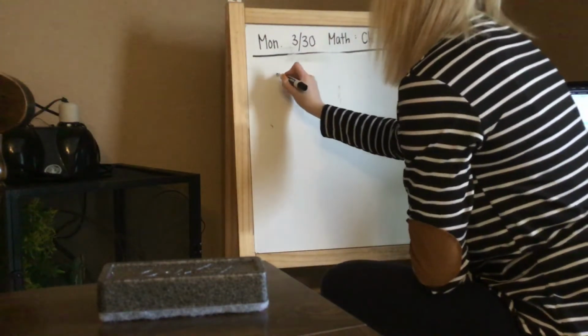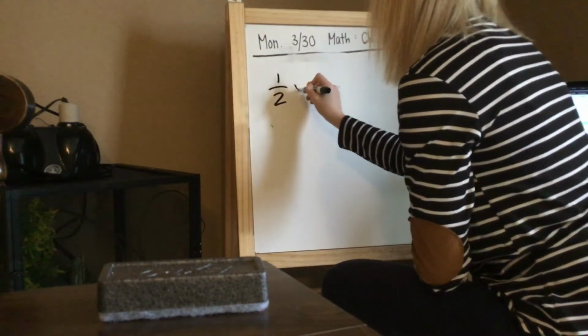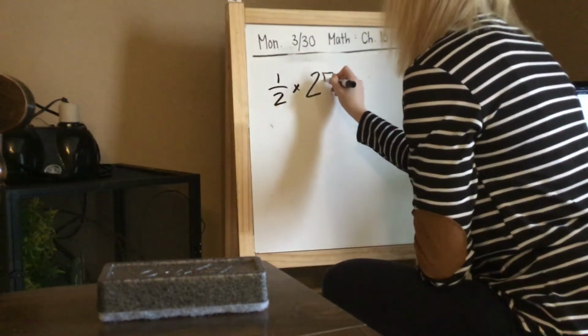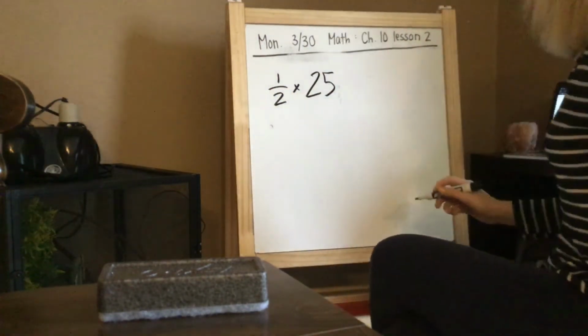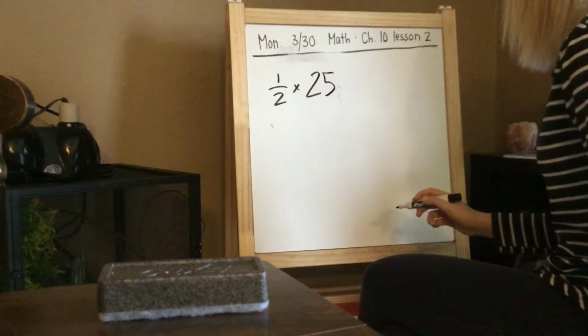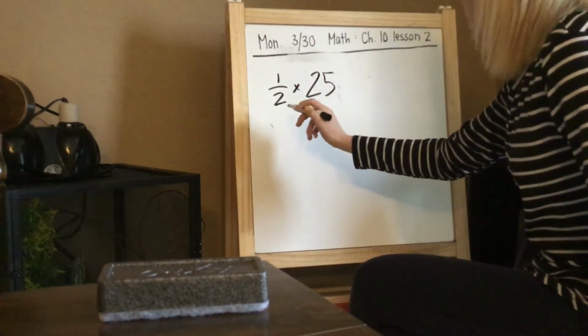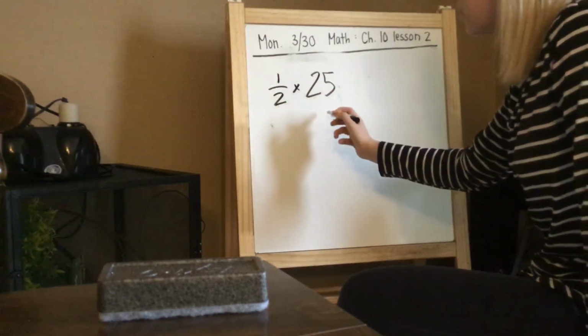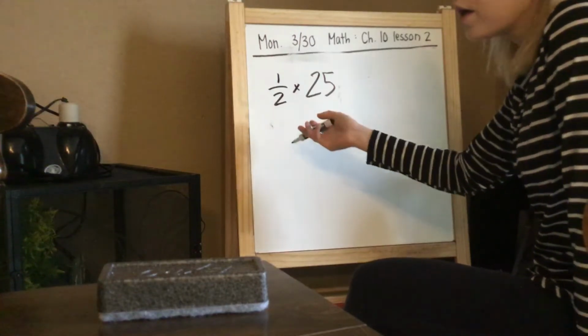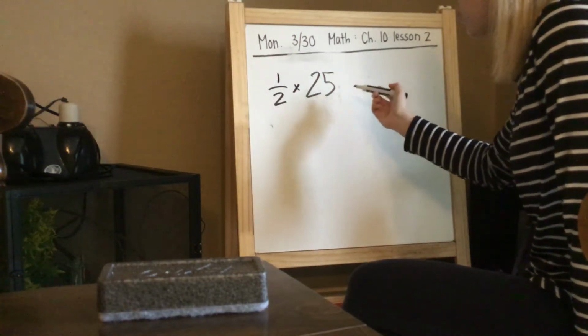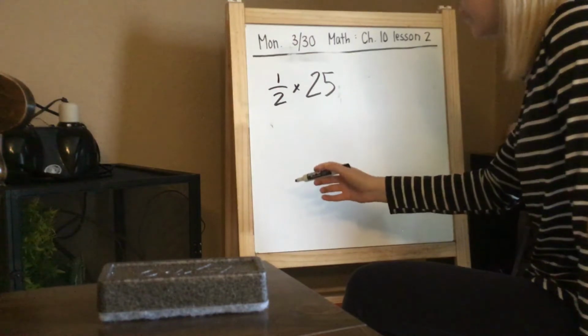If I want to estimate the product of 1/2 times 25, I know that I can't do 25 divided by 2, but I can do 24 divided by 2 really easily.